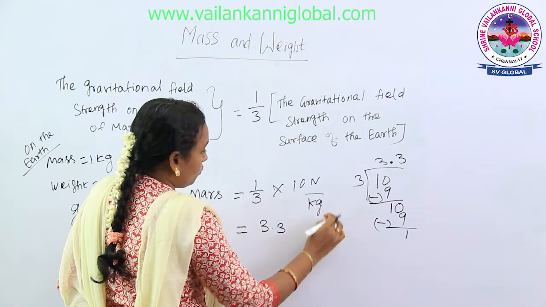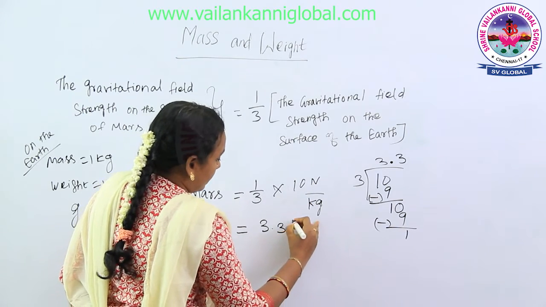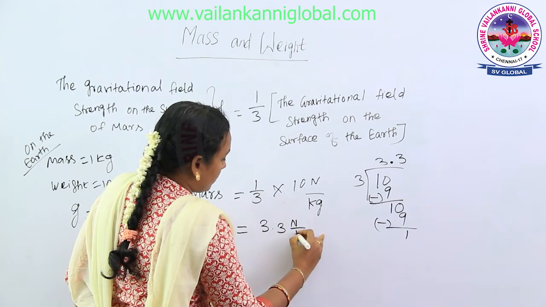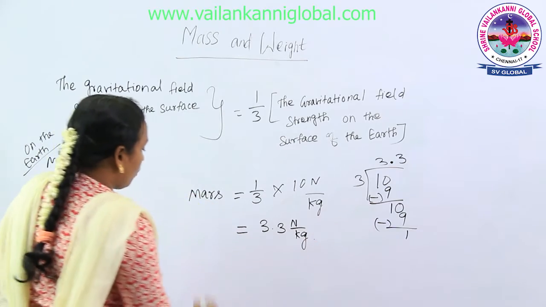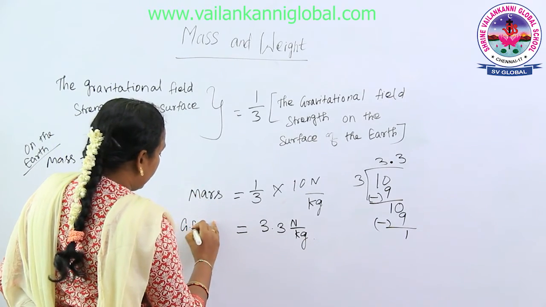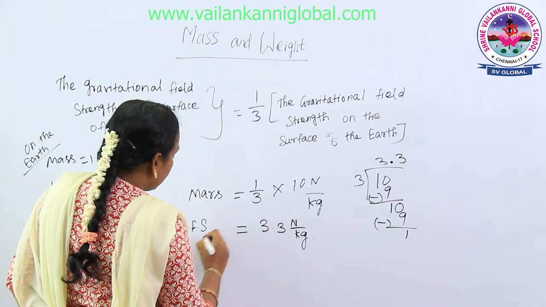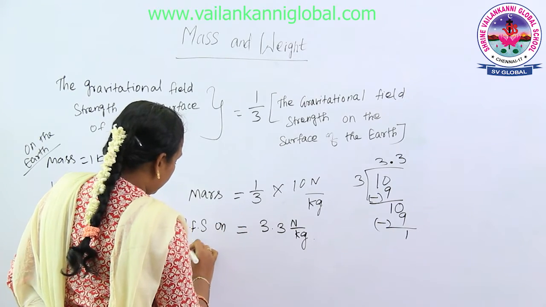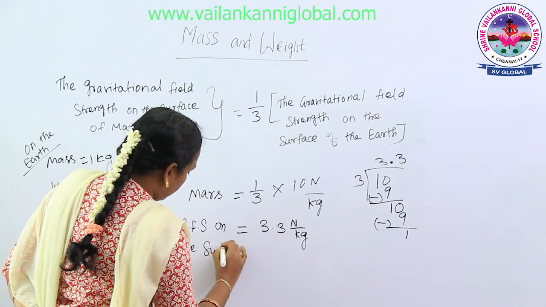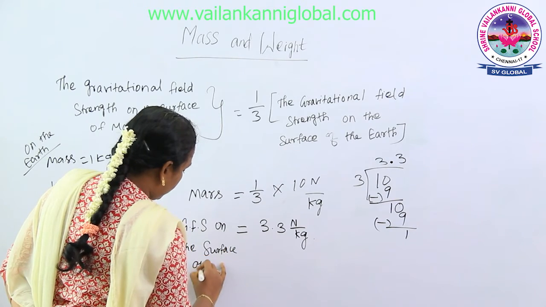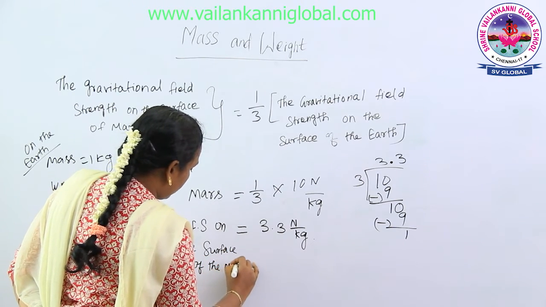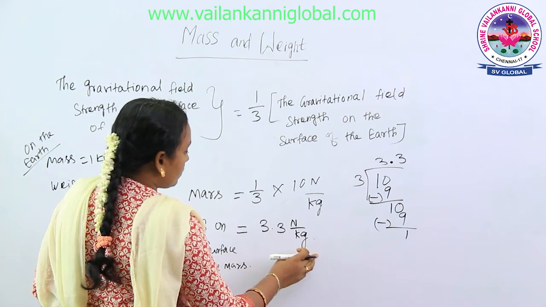Then write the unit along with the answer: Newton by kg. So this will be the gravitational field strength on the surface of Mars. So 3.3 Newton by kg.